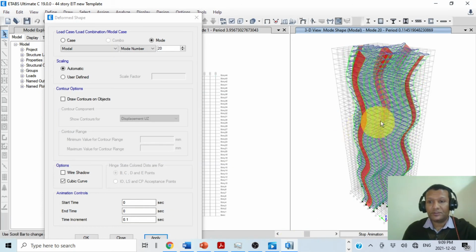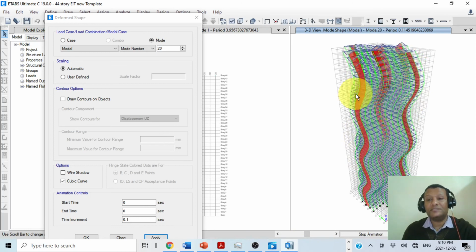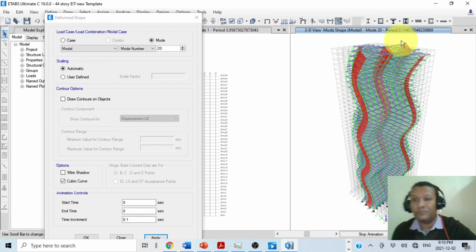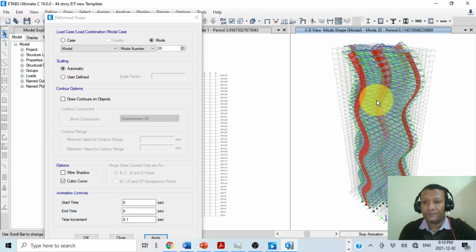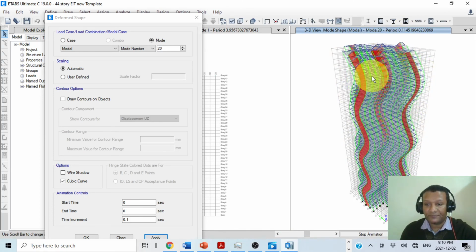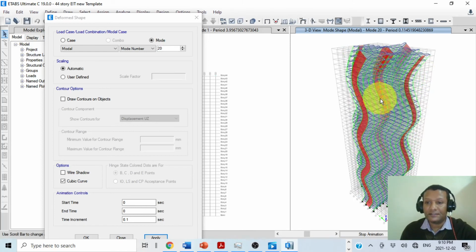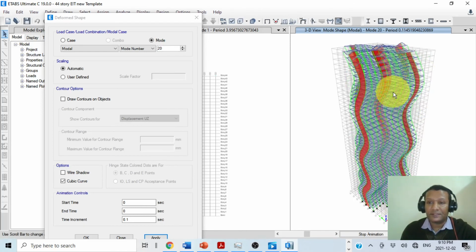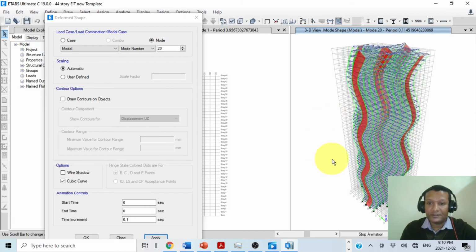For example, this one, this is the 20-story. This is the 20th mode. The period is 0.145 and it's really vibrating because the frequency is increasing. This is how it goes.